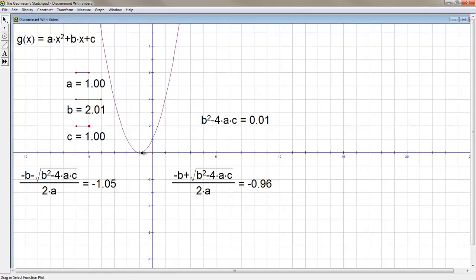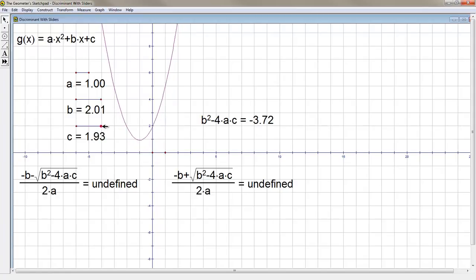It looks like on the graph there's only one x-intercept. There's actually 2 different ones because those numbers aren't exactly the same. They're really close. So notice that the b squared minus 4ac value is almost 0. I can't quite slide and get it on 0, but you see what's happening here. It gets really close to 0. It looks like there's one root. And if I move the graph up, see, this is actually just a vertical translation.